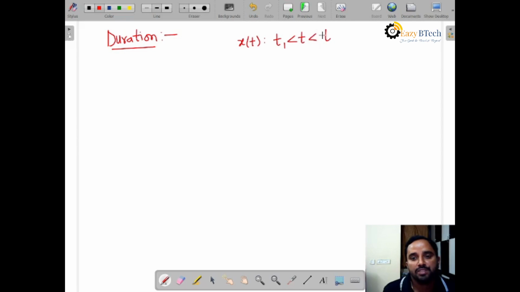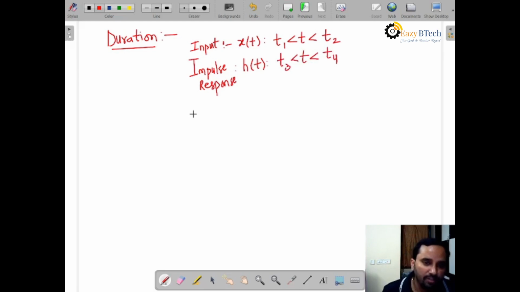Its duration is t1 to t2. This is the input signal. And the impulse response h of t is available from, for example, t3 to t4.